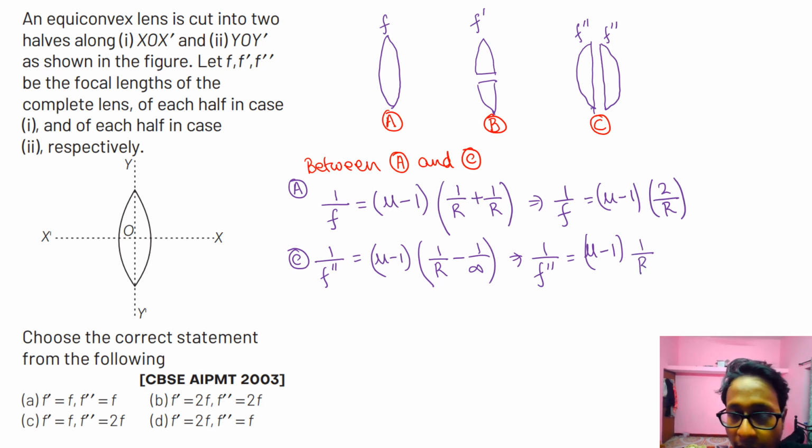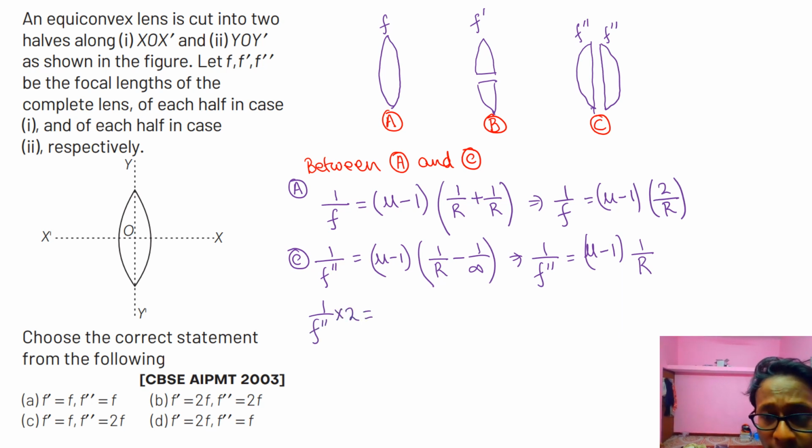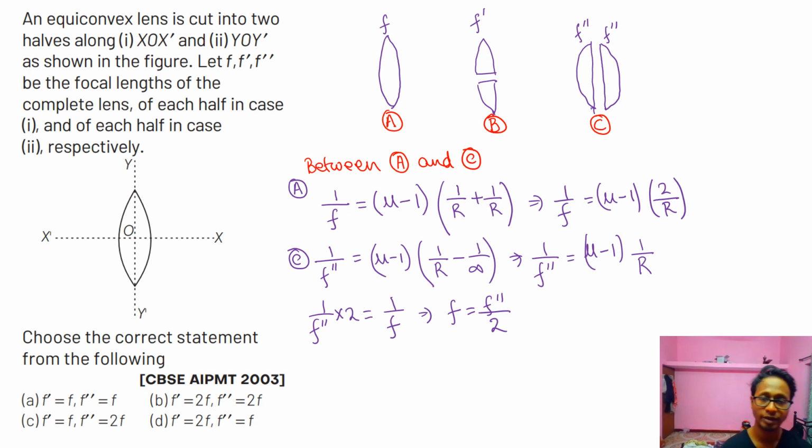If we multiply this equation by 2, I'll get this equation, no? So can I say 1 by f double dash into 2 is equal to 1 by f? So from A and C, f is equal to f double dash divided by 2.